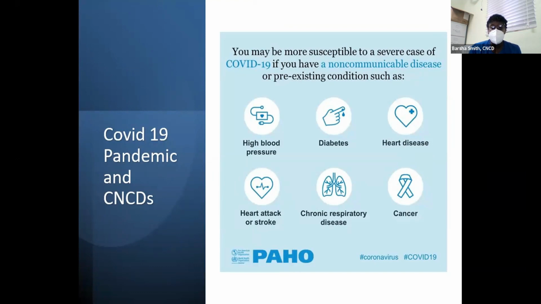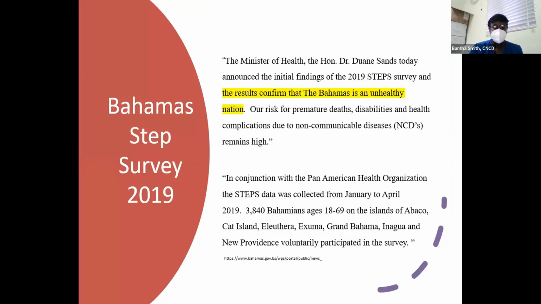Those persons with diabetes, heart disease, high blood pressure, those persons with respiratory diseases and cancer. So it is important for us to integrate a protocol for CNCD in our COVID protocols. And that's very important as we continue to manage our COVID pandemic.